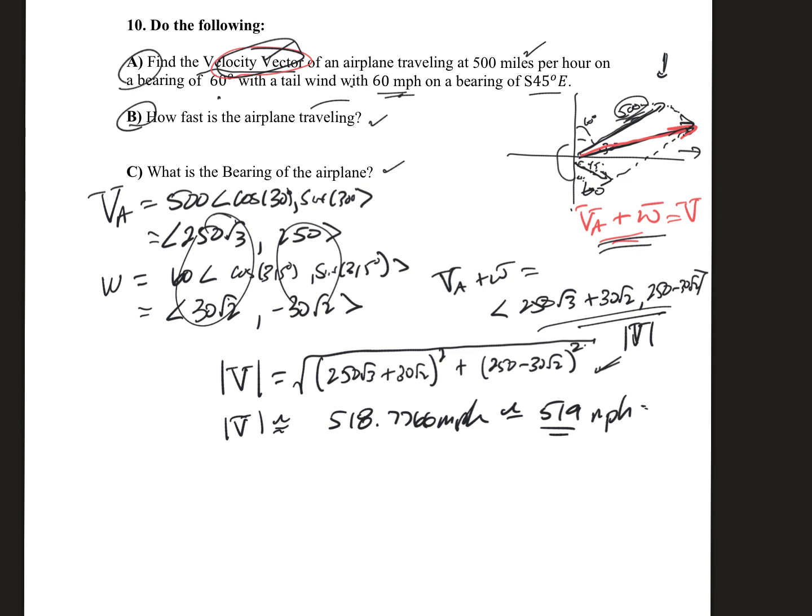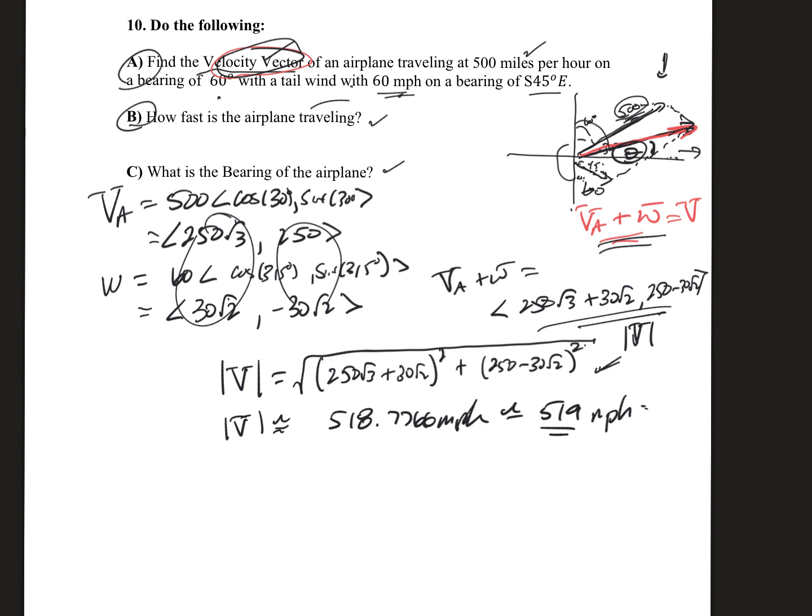What about the bearing of the airplane? What's the angle right there that the airplane is on? And again, the angle we're going to find is along the positive x-axis. For bearing, we have to do some other items.